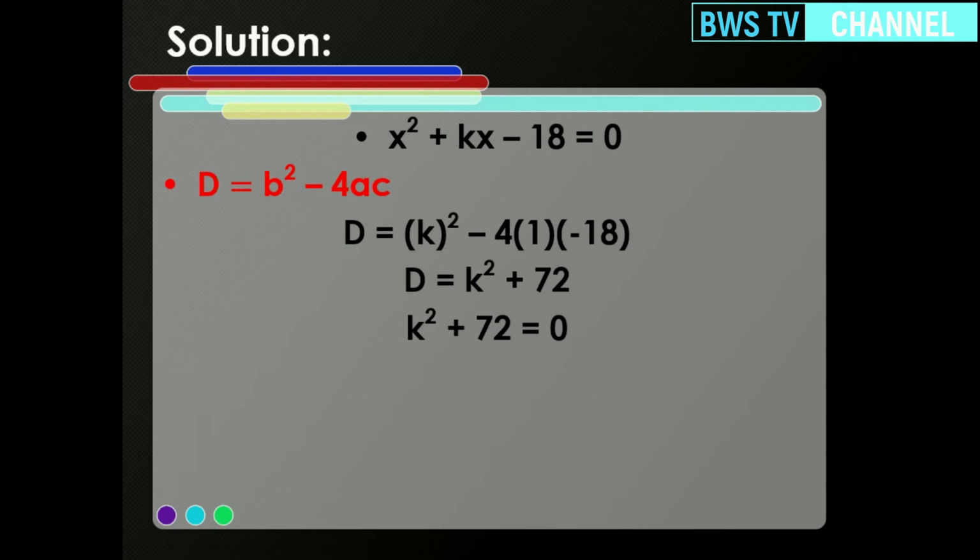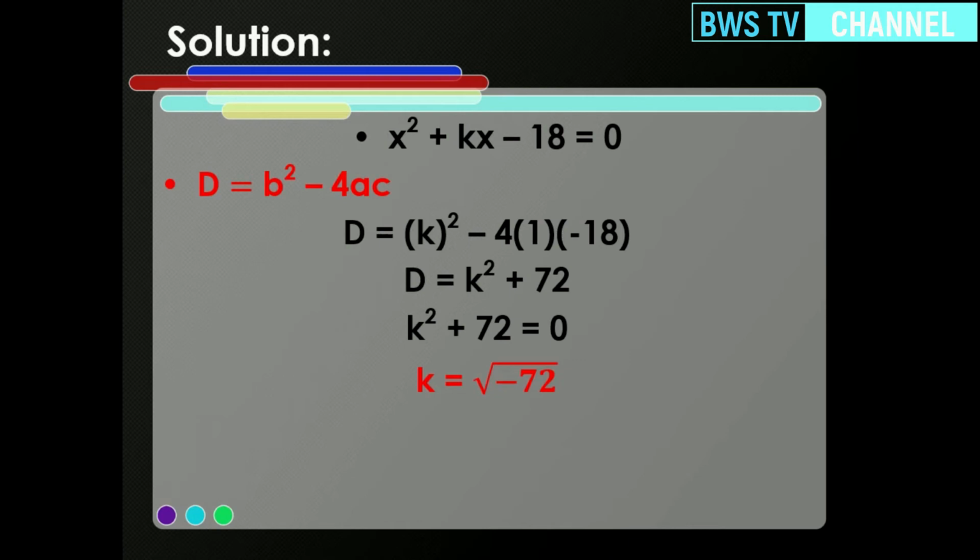Remember, you cannot solve an equation if there are two unknown variables. It's difficult. So in order for us to solve, we need to equate one variable to 0, and that will be variable d. Now, transpose. So we have the square root of negative 72. That will be the value of your k.